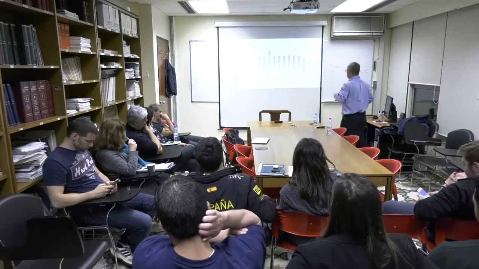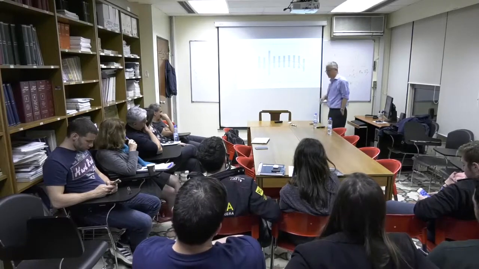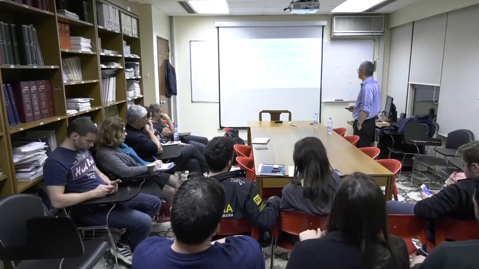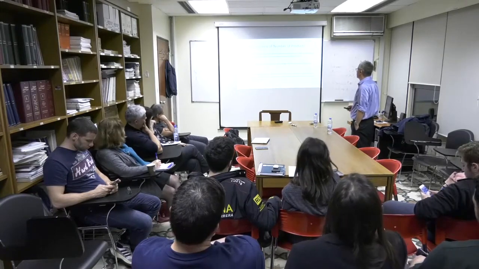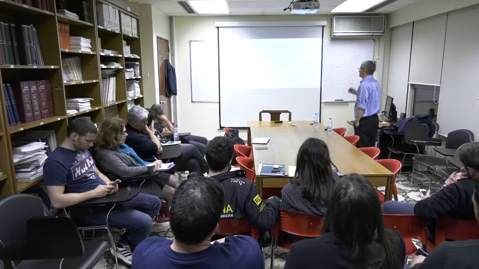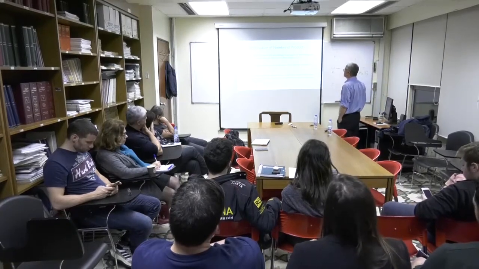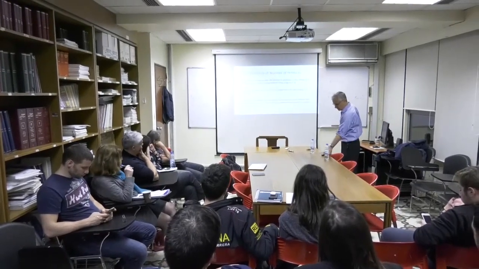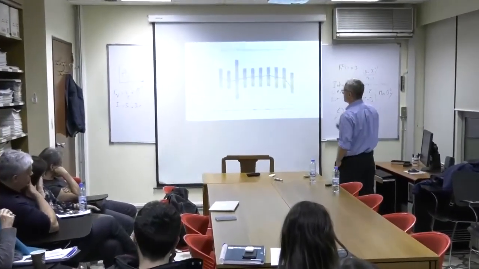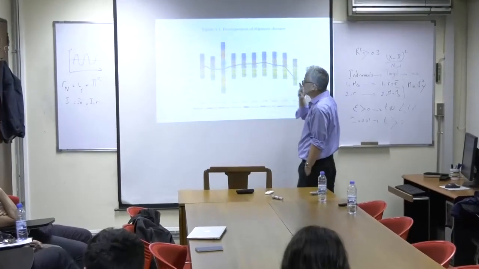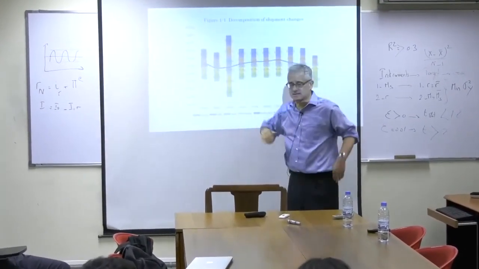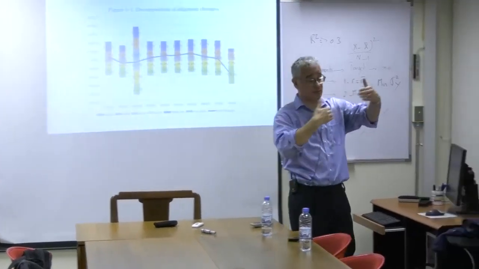So what we find, and people have done this in the U.S., is that the largest contributor to the change in quantity is the change in the quantity of existing products.